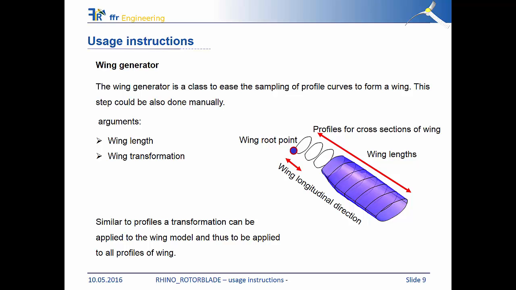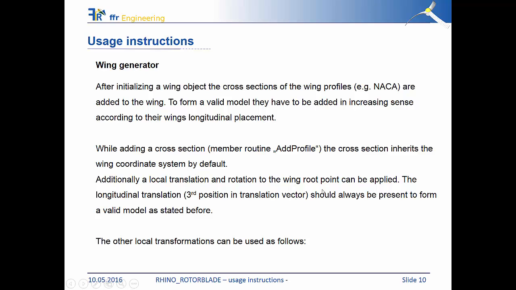The convenience is that you only apply the transformation once, and then it will be added to all the airfoils itself when adding an airfoil cross section to the wing model, which you will see later. This is described here, but we will have a look in the code.